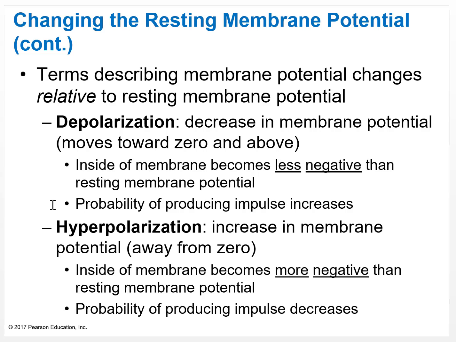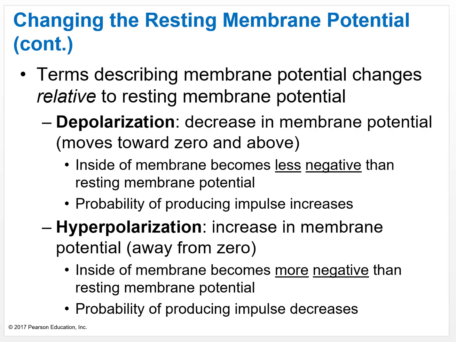We can also have tickling of the dendrites in the cell body that are going to cause hyperpolarization, which is to actually make it even more negative inside, which is going to make it even more difficult for that cell to relay a signal. And sometimes, especially in those integration cells in your central nervous system, we want to make it more difficult to relay a signal. That is also a way we can integrate information, by the lack of sending a signal.